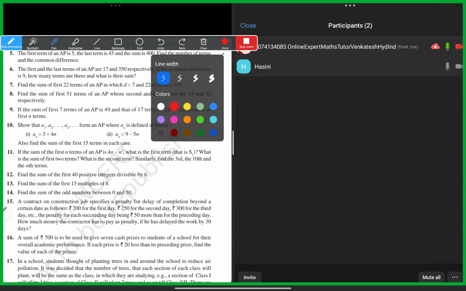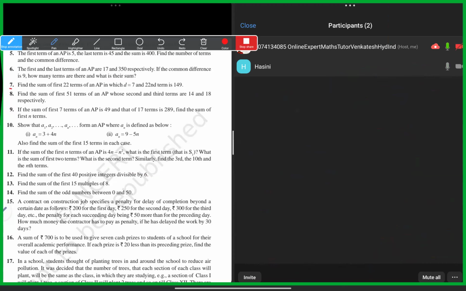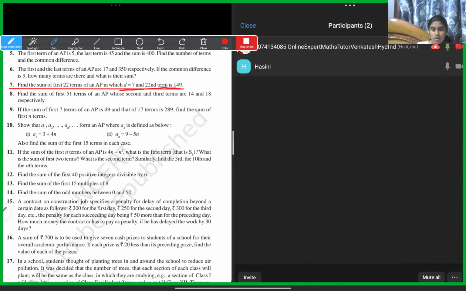Seventh question, Asmi. Once you read the question: find the sum of the first 22 terms of an AP, whose d is 7 and 22nd term is 149.